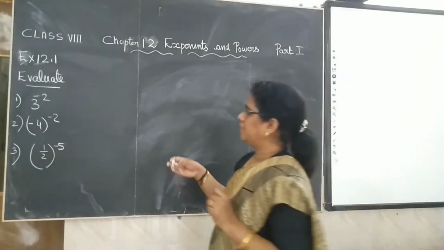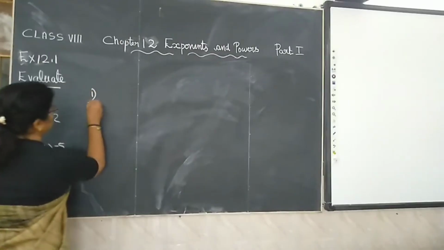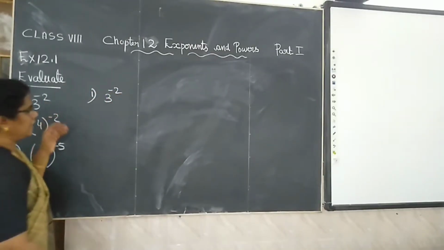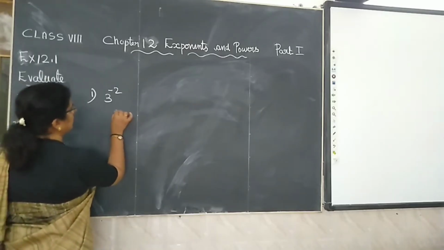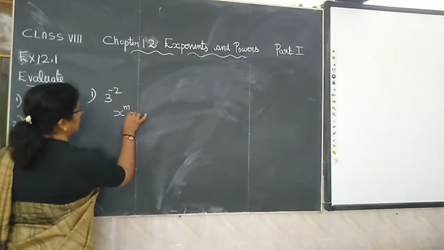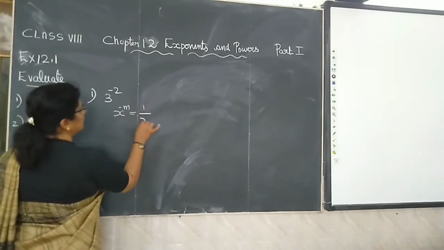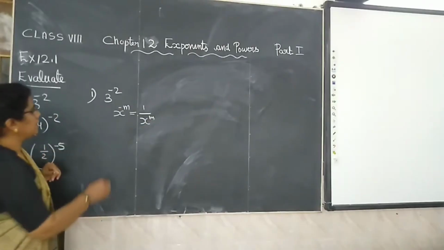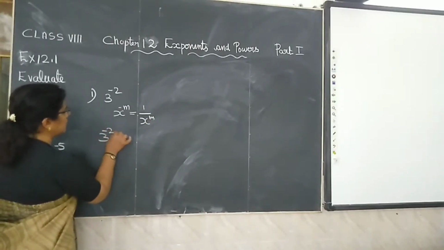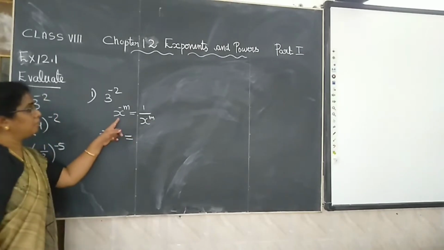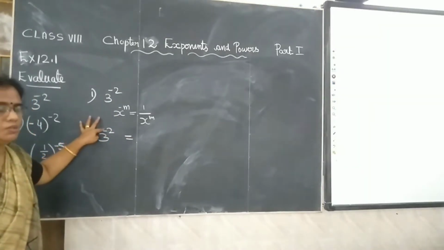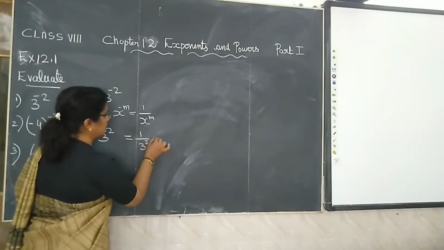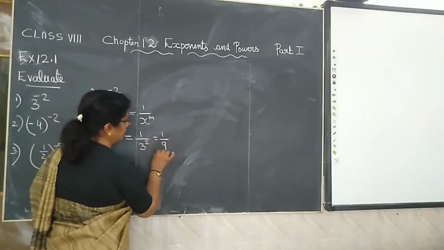The first question given is 3 raised to minus 2. Using the property x raised to minus m is equal to 1 by x raised to m, 3 raised to minus 2 we can write using this property. If the power is negative, we can change it to positive like this: 1 by 3 square, which is equal to 1 by 9.